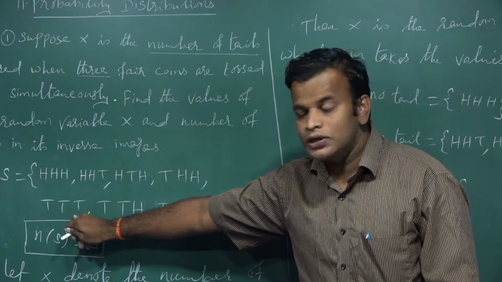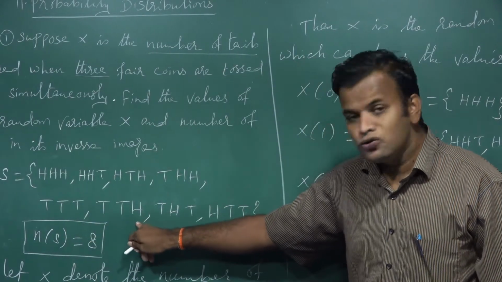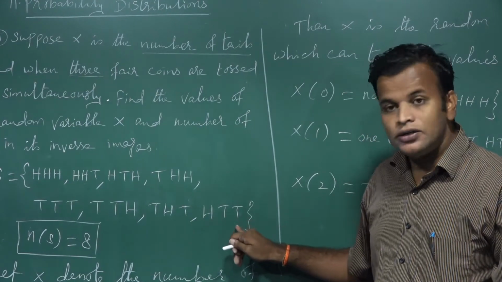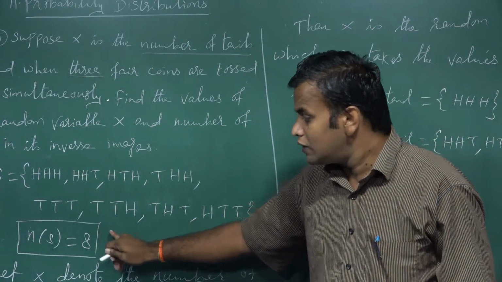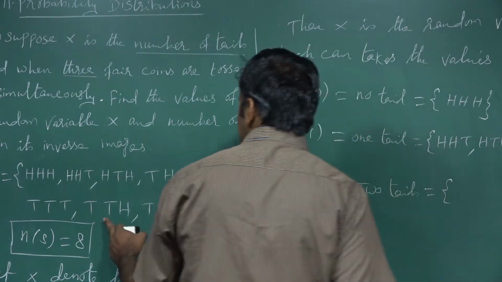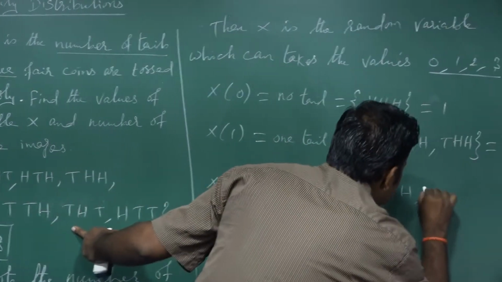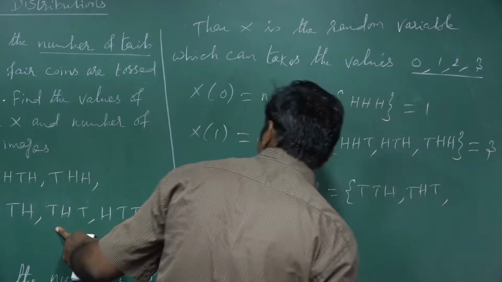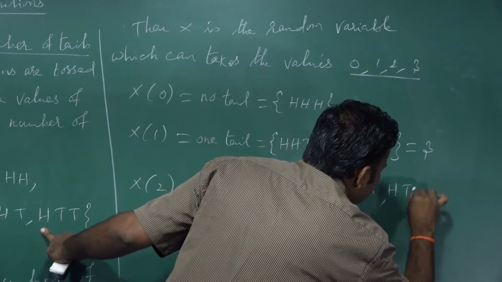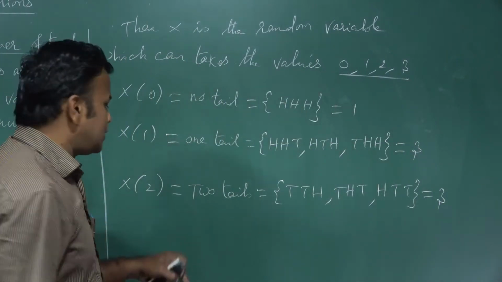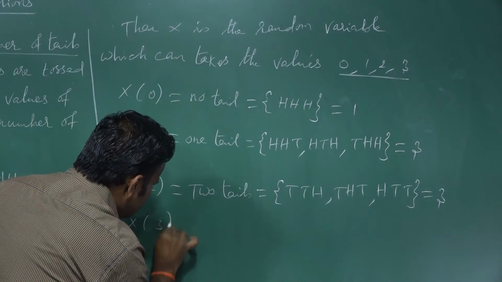We assume 2 tails only. TTH, okay, 2 tails. THT, 2 tails. HTT, 2 tails. So we take the 2-tail events: TTH, THT, HTT. This is also 3.